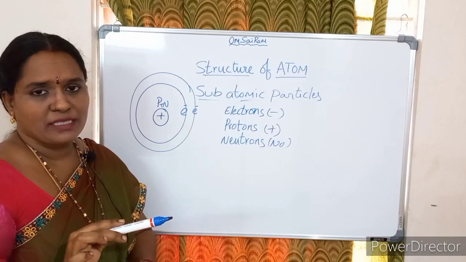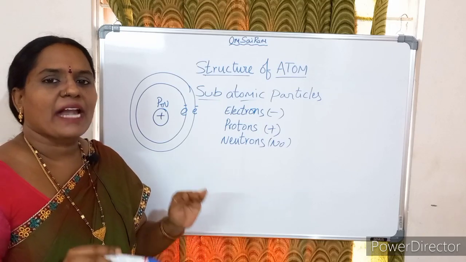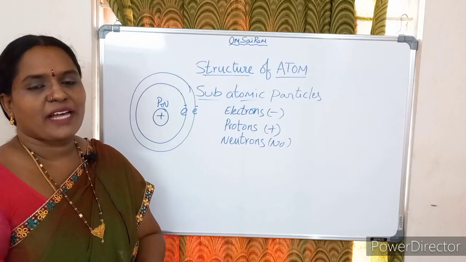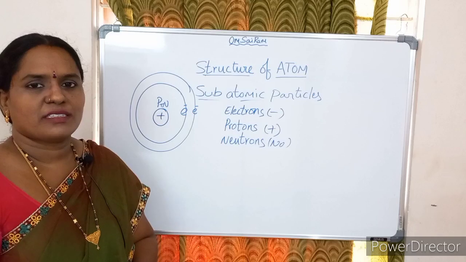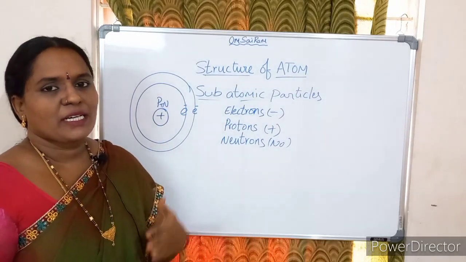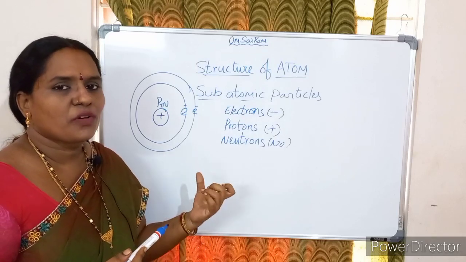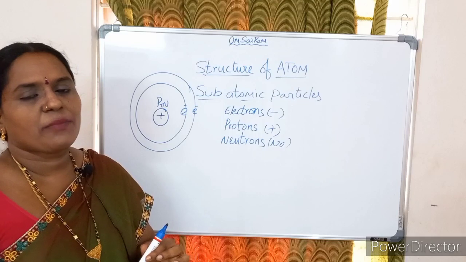It leads to the destruction of the atom, but that is not happening. Atoms are stable. The electrons are not falling into the nucleus, but are revolving in orbits. So Rutherford failed to explain the stability of the atom.